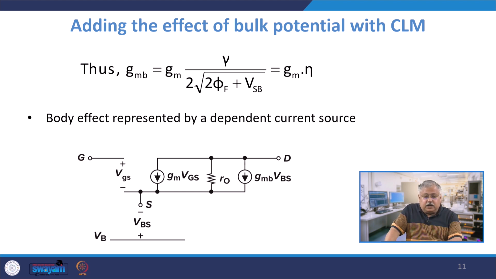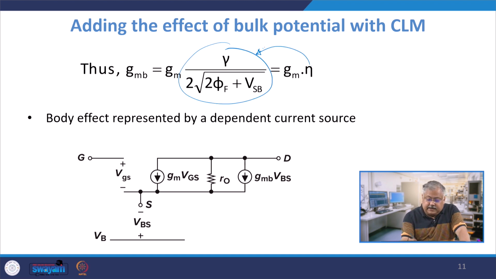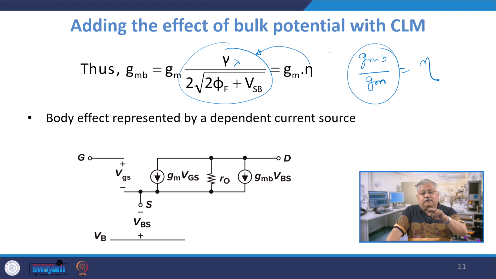So GMB therefore becomes equal to GM times gamma by some factor here, and it is given by eta. This factor is defined as eta, and I get therefore GMB by GM equals eta, where eta is given by gamma upon 2 root 2 phi f plus VSB. So now my GMB by GM is both a function of the CLM parameter lambda and VSB, the backgate bias.